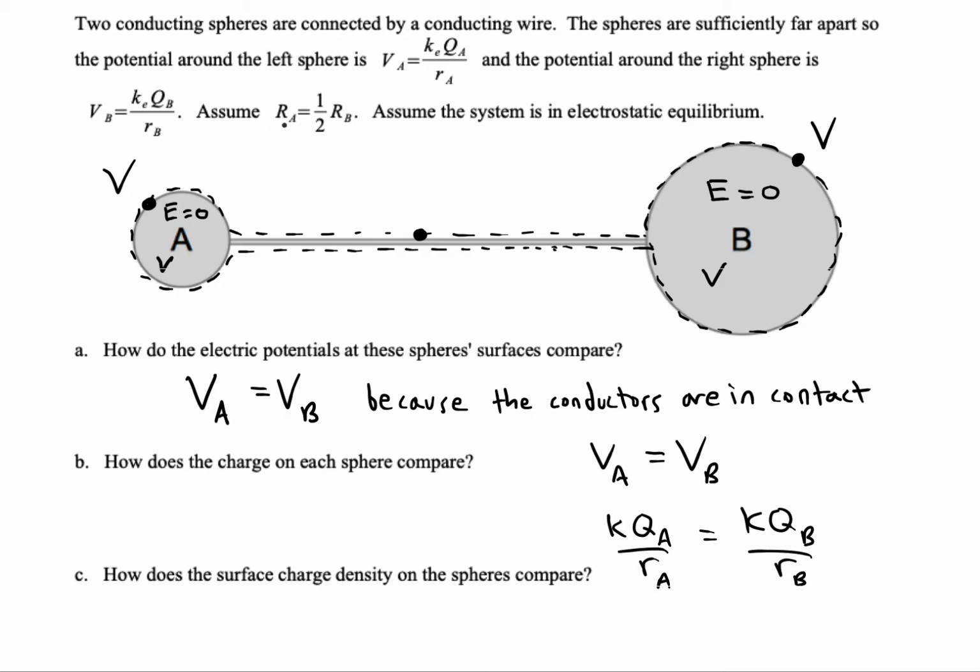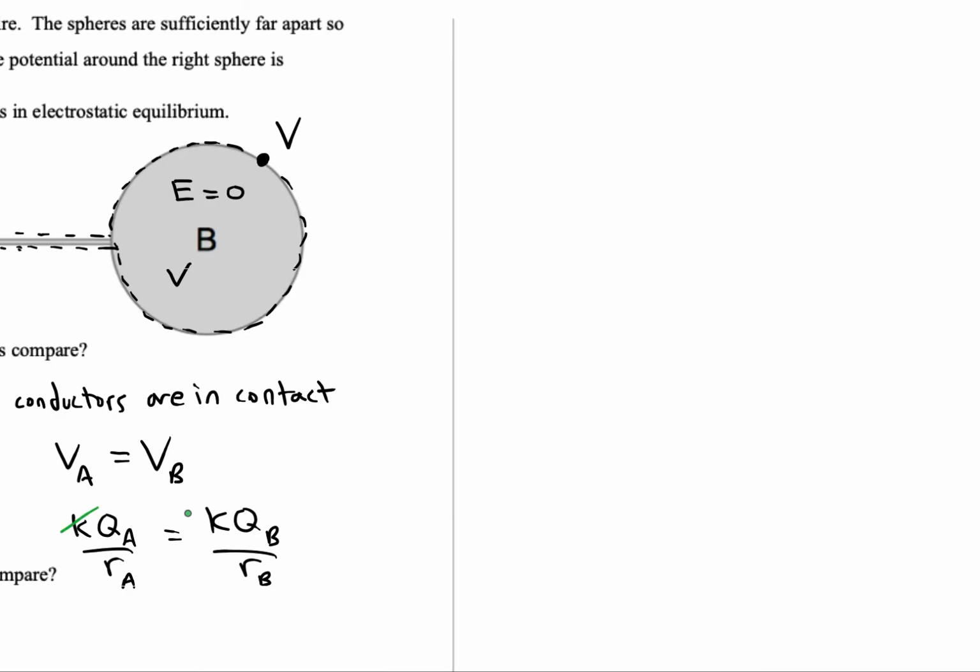We also see that radius A is 1/2 of radius B. We can cancel the constants. And since RA equals 1/2 RB, we can replace RA with 1/2 RB.